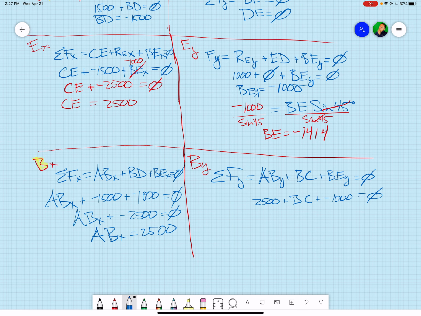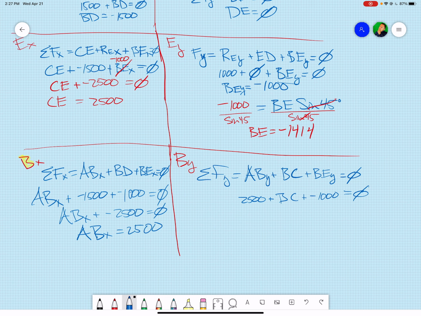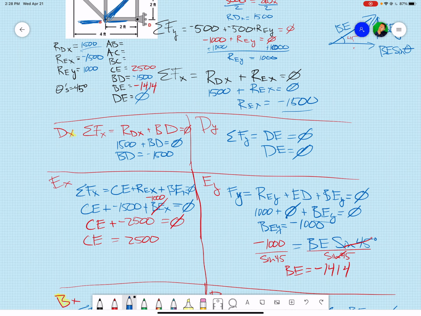Okay? So BC plus 1,500 is equal to 0. BC is equal to negative 1,500. Well, that's sweet. Okay, so BC, we can put that in, negative 1,500.